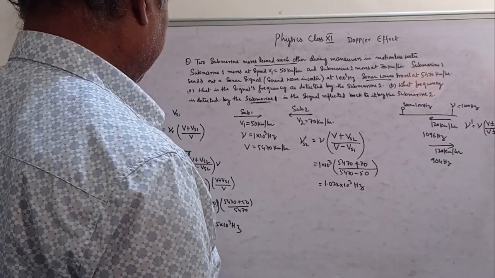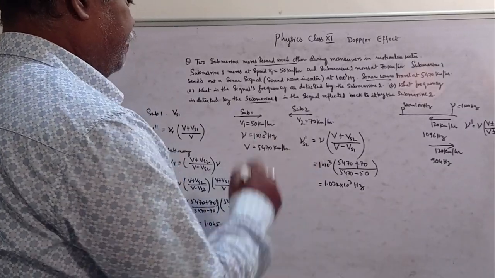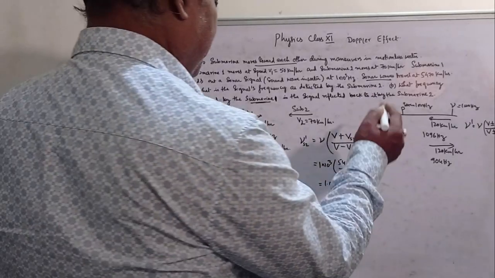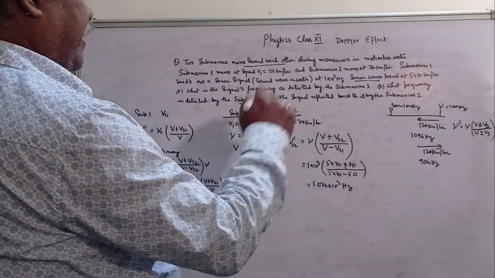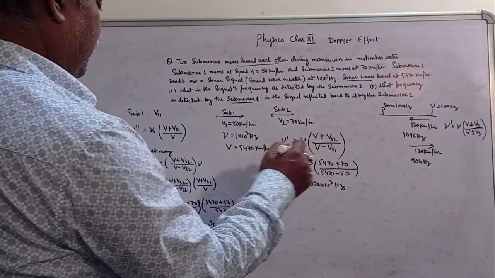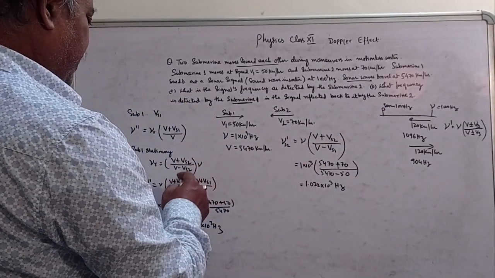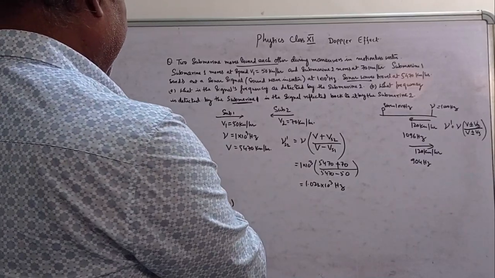So in the second case, what is the most important thing? When it is reflected, submarine 2 at first detects, and second it becomes the source. So the velocity of the detector as well as the velocity of the source is that of submarine 2. So we put vs2 in both cases, detector and source.